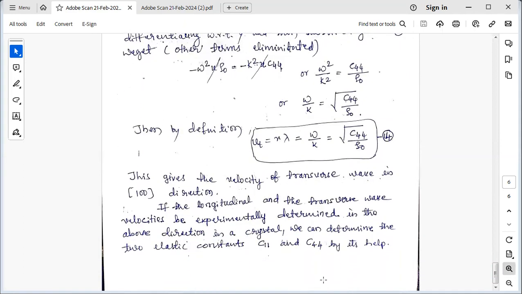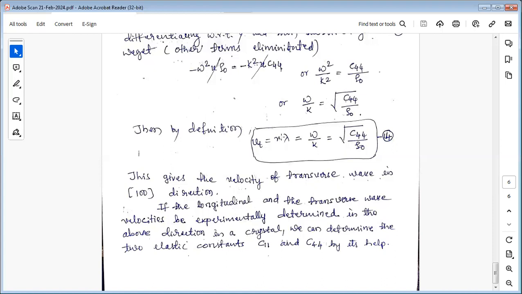So again we are getting an expression for velocity. The velocity of a transverse wave is equal to nu lambda or f lambda. It is again equal to omega over k, since omega over k represents the phase velocity of a wave. So this is equal to root of C44 by rho naught.